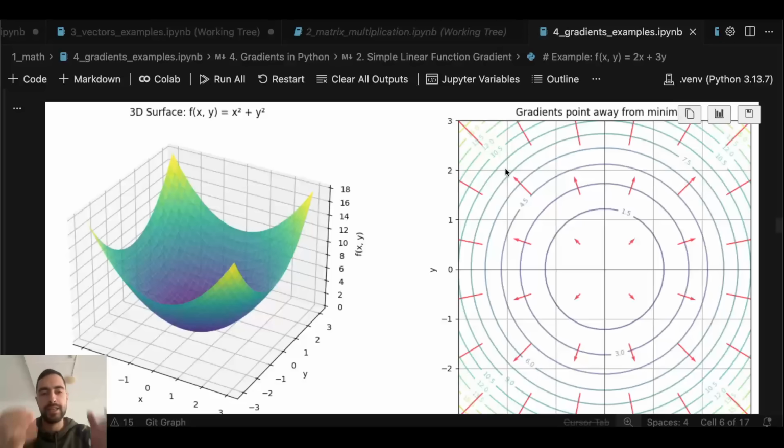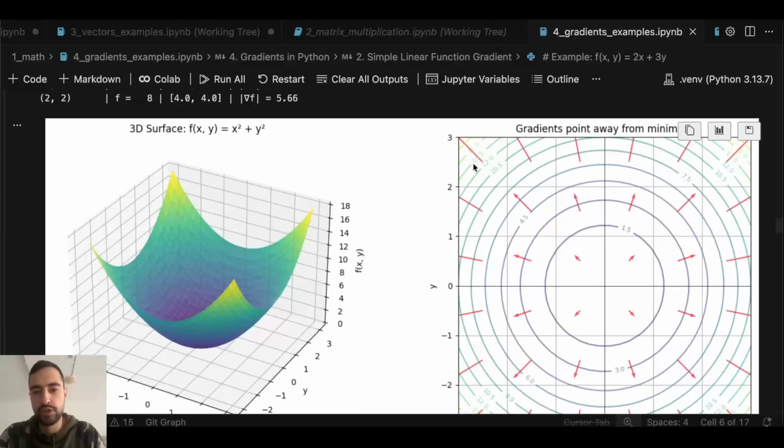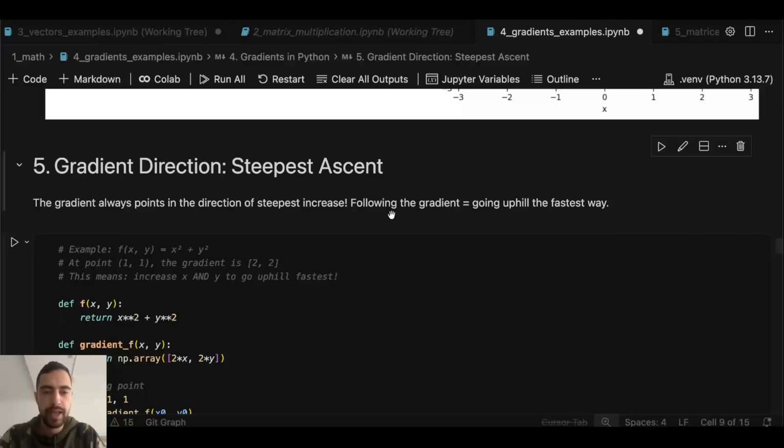So as we increase x and y values, the slope will be bigger and bigger. So these gradient arrows will become larger and larger. As I said, the gradient will show the direction of steepest ascent.